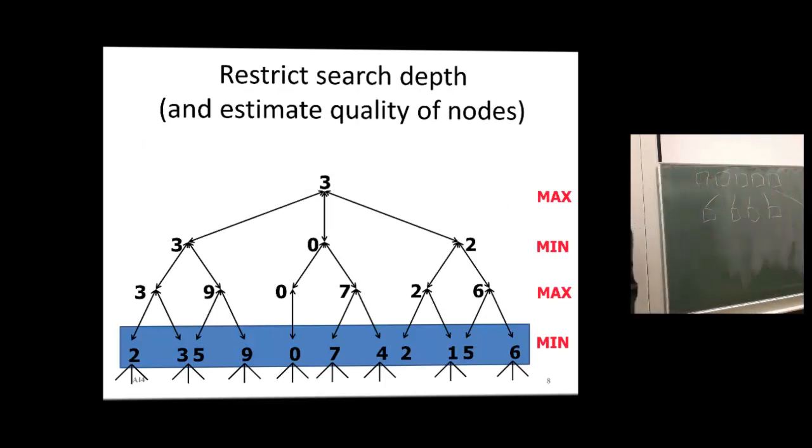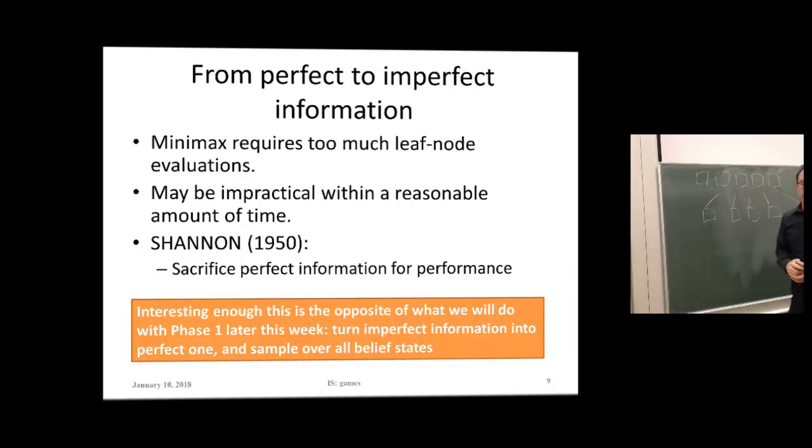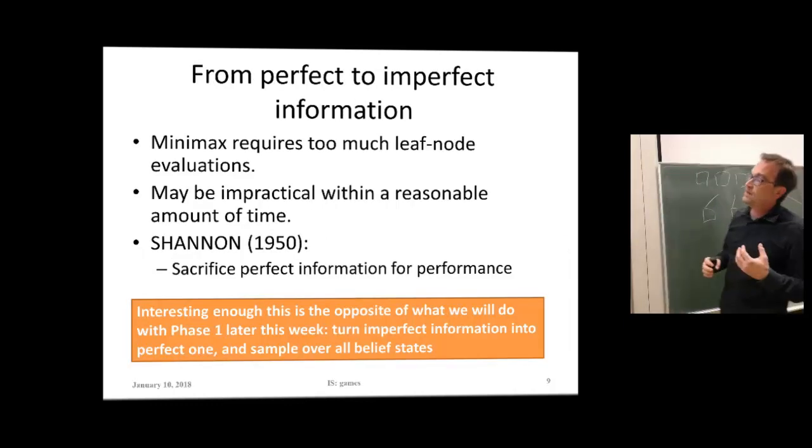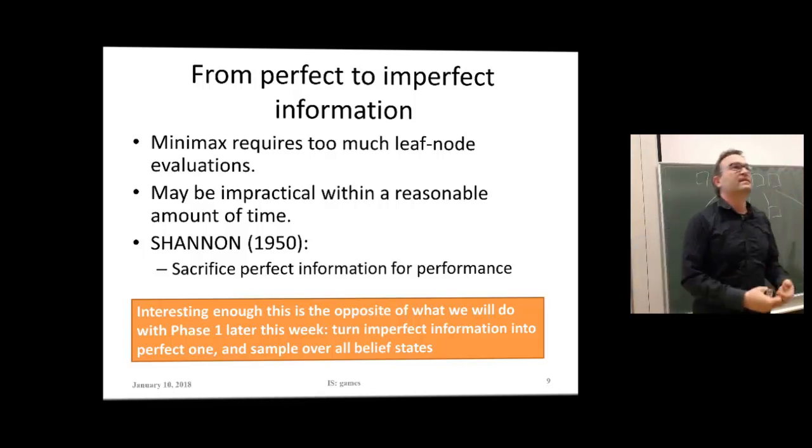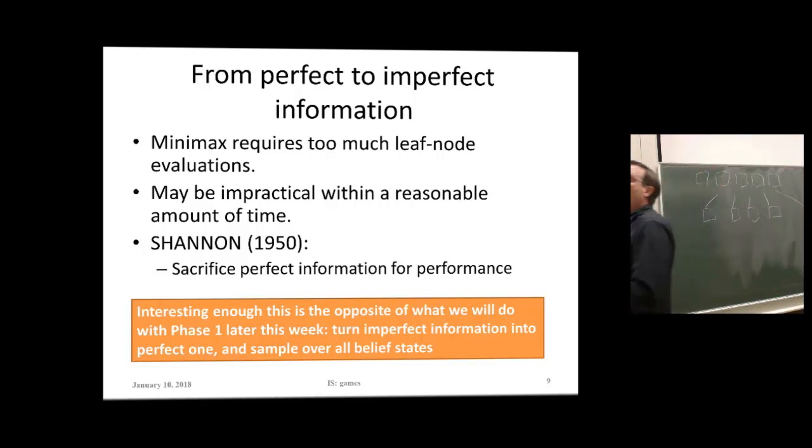So the idea in more complex games is that you have to find some cutoff point, then estimate the quality of the nodes that you're in and simply ignore what is underneath. The interesting thing is that this turns a game of perfect information, like chess, where we always know what position we are in and it's deterministic, into something else.